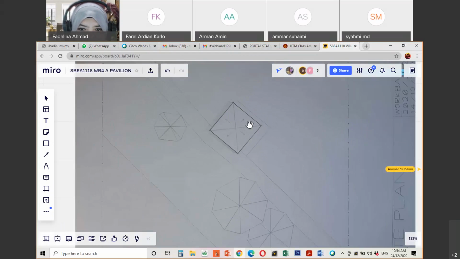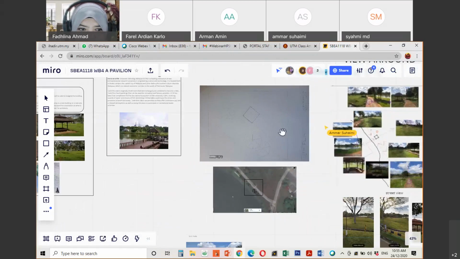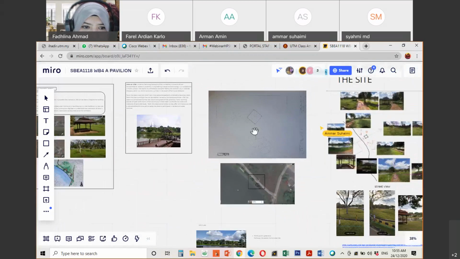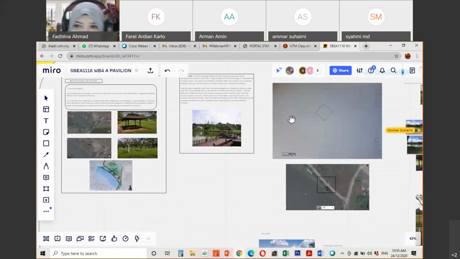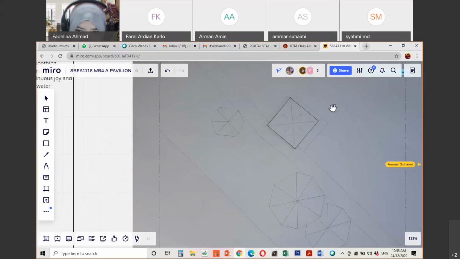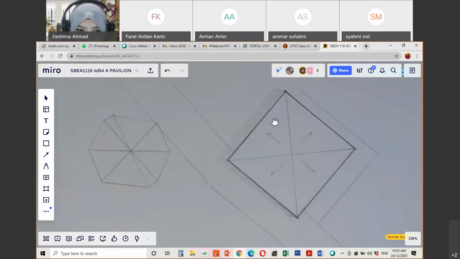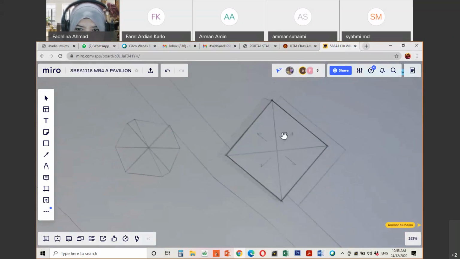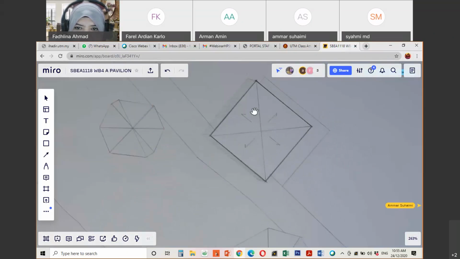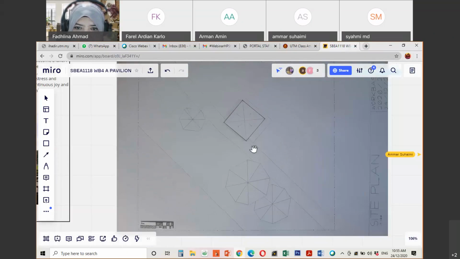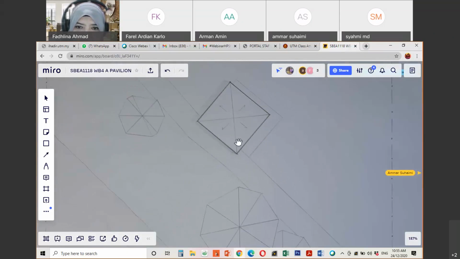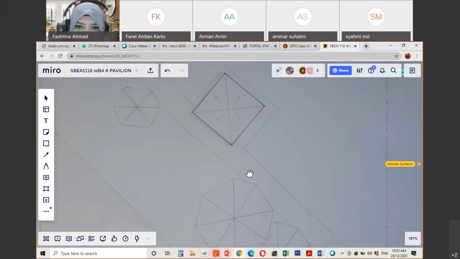I got 4.5. I didn't really measure, but I was there, and I think it is 3 by 3. It's okay, I can go to the site and measure it for you. If it is 3 by 3, we also need to know the dimension of this pathway.